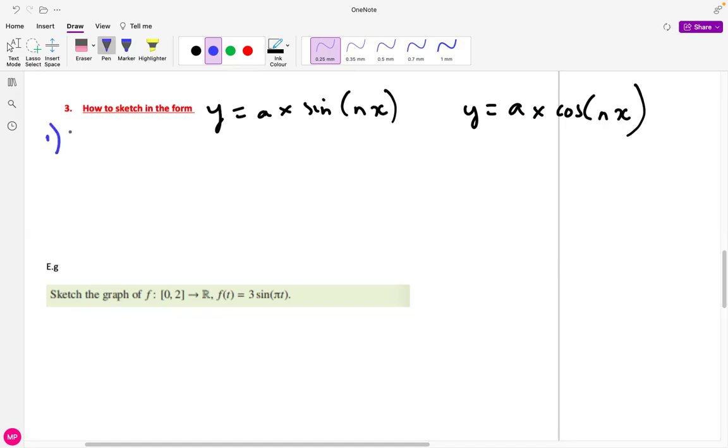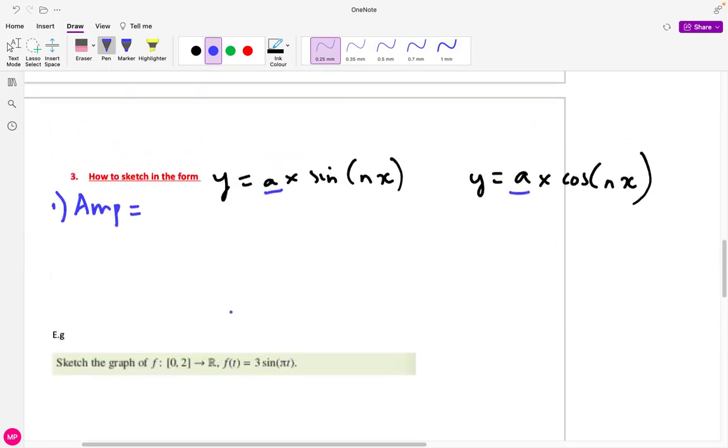Your first step is to find the amplitude. As we say, the amplitude is just the number in front of sine and cos, which is a, but remember it's always positive. So amplitude equals a. Now the range will be negative a to a, as you know.